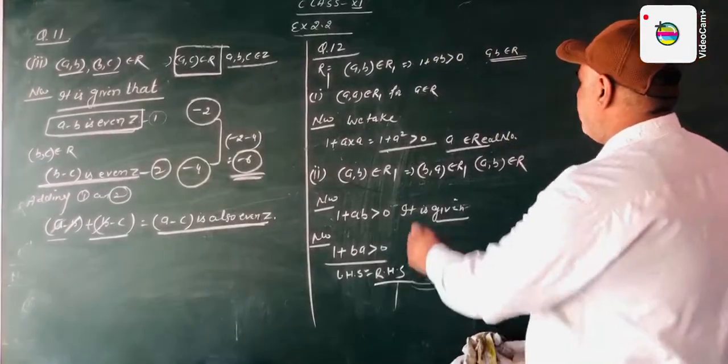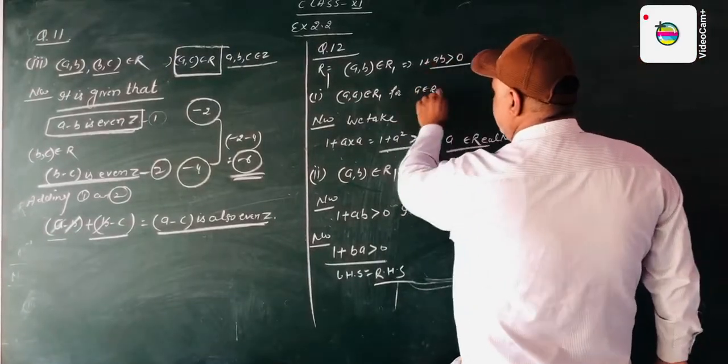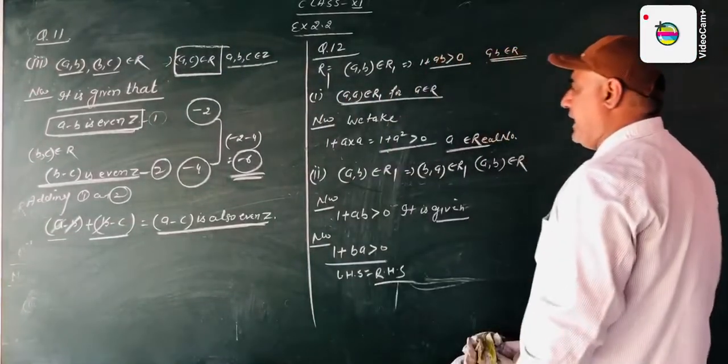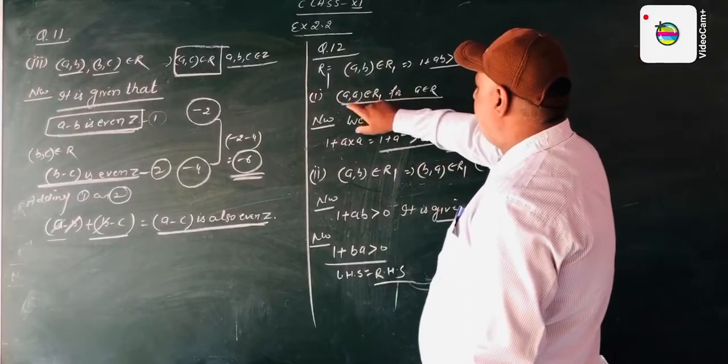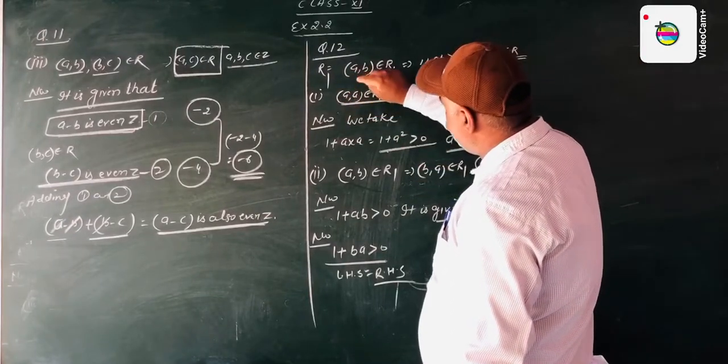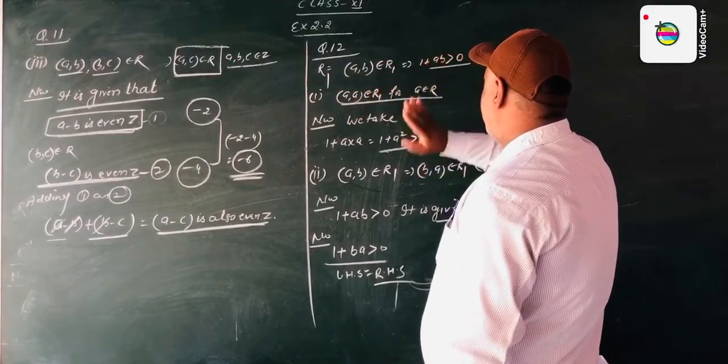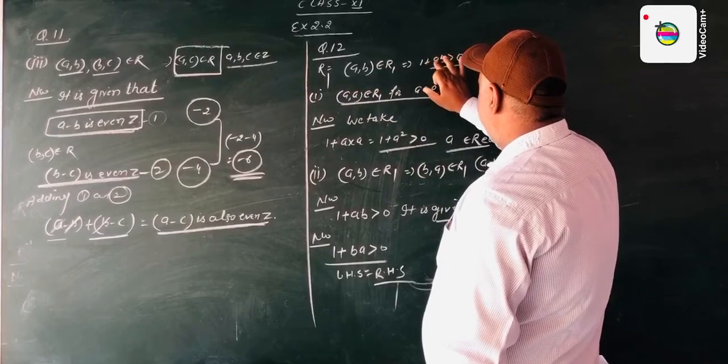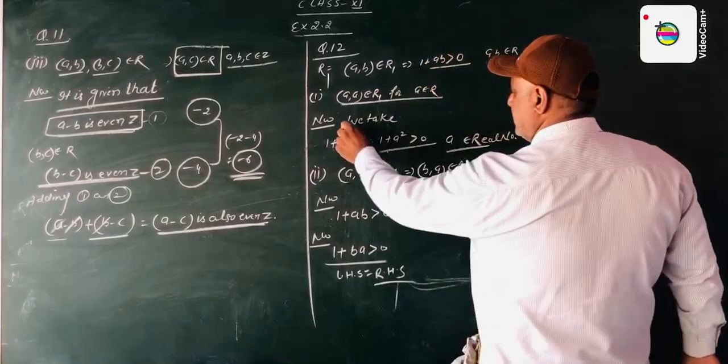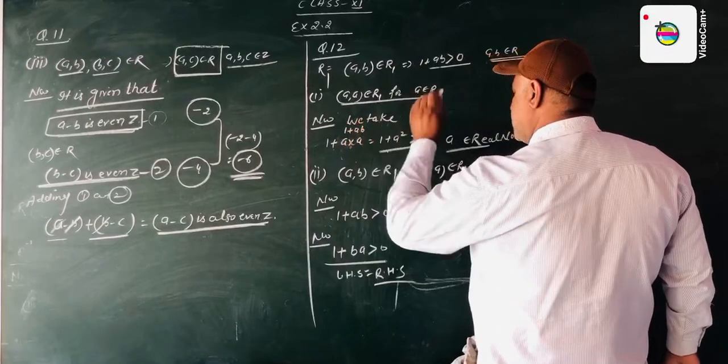Now we verify this relation for A and A. Here the value of A is A and B is also equal to A. So now we put these in the relation 1 plus AB. It is given that 1 plus AB is greater than 0.